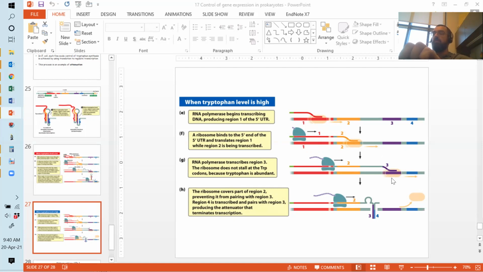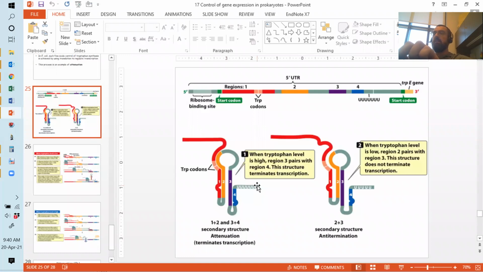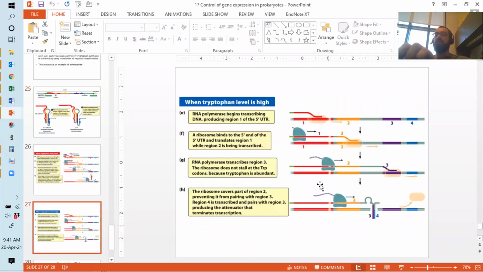So by the time the RNA polymerase has got onto region 4, basically it pauses here, and this 3-4 loop forms and boots it off. So transcription is terminated. This is called attenuation.